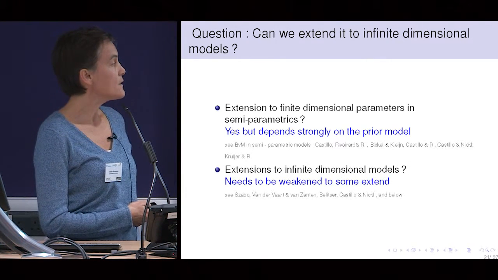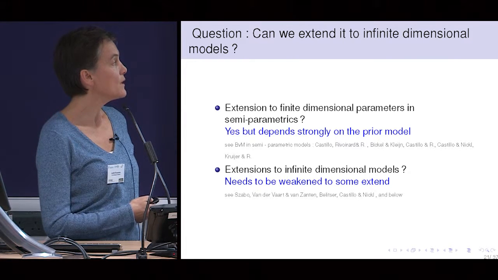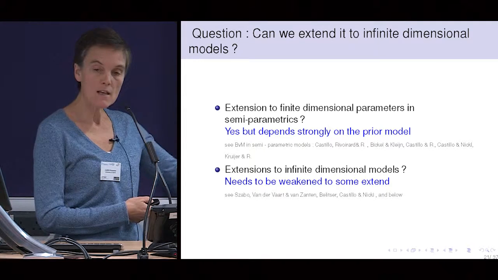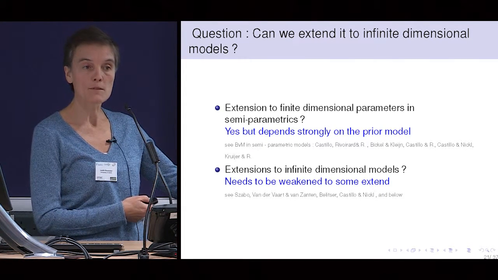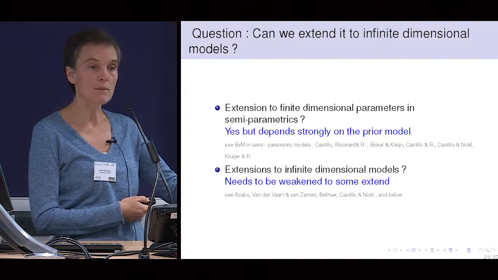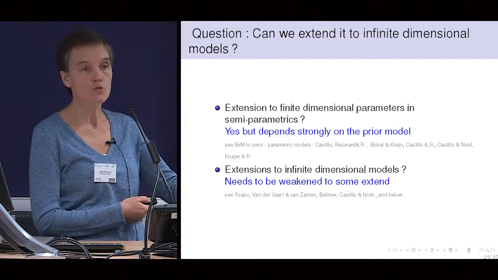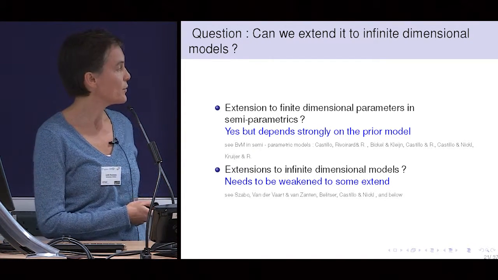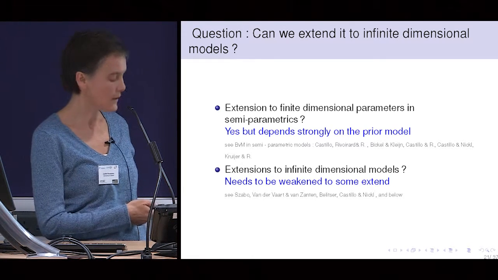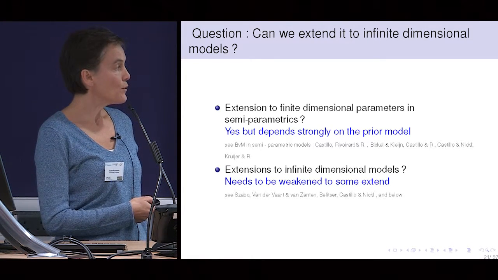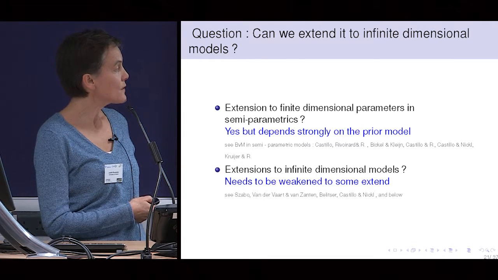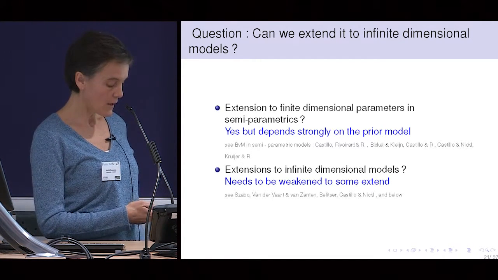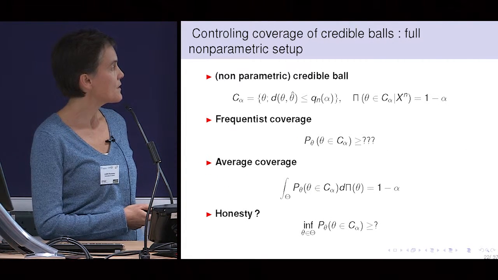You could make it weaker by looking only at some parametric or finite dimensional aspect of your parameters. That's semi-parametric Bernstein-von Mises. And that's true in some cases. You can give counterexamples and good examples, and there is a small literature on that now. But if you want to look at the whole parameter, you can try to get something weaker. And that's what I'm going to talk about, a weaker statement than what I've just said.